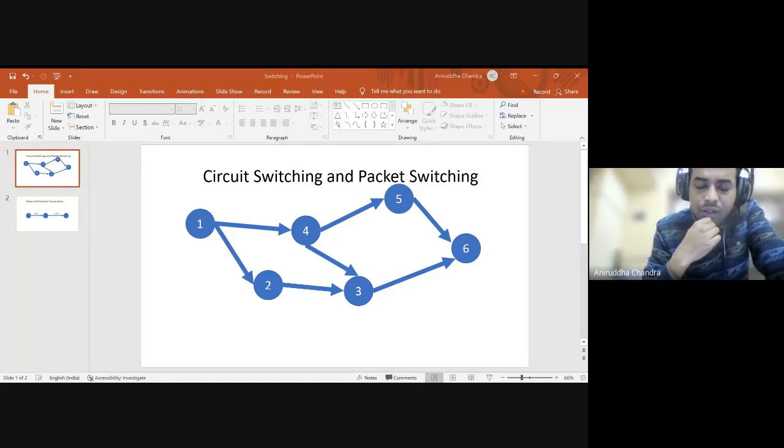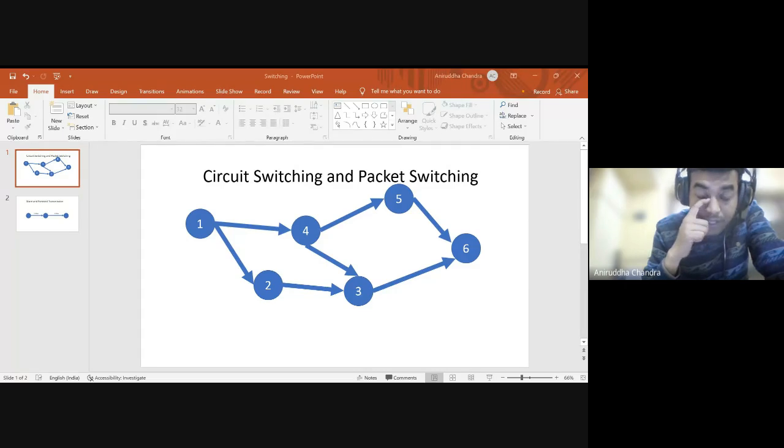Let me tell you how. An electrical switch has two choices: you can turn it on or turn it off. In general, switching means having multiple choices, maybe two or more than that.